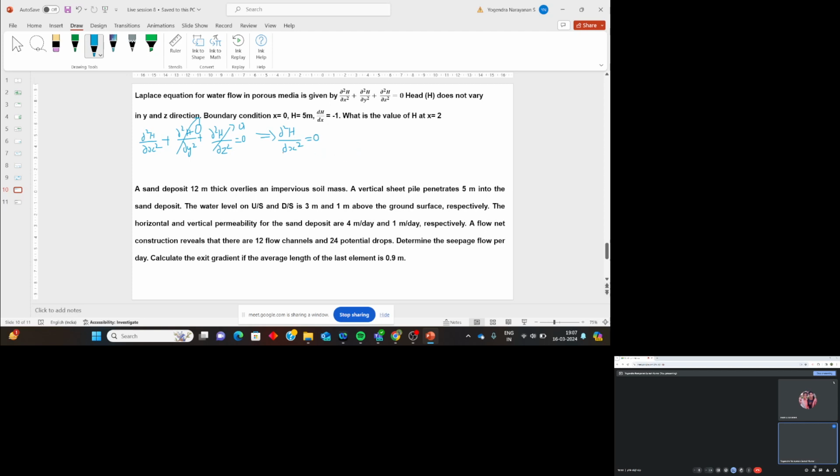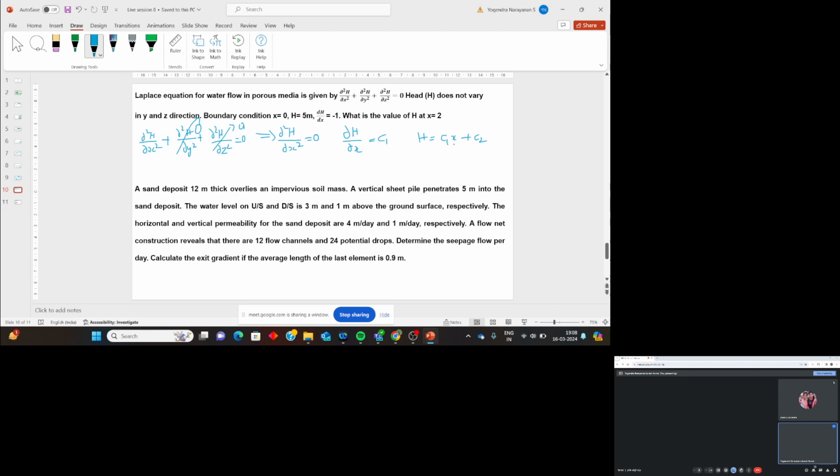Okay. Now you have two boundary conditions. Now you have to integrate it. Dou h by dou x is equal to c1 and h is equal to c1x plus c2. Now you know at x equal to 0, h is 5 meters.